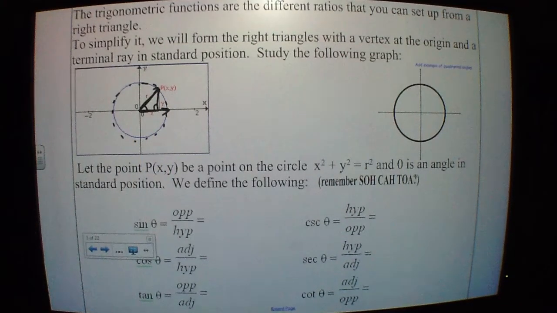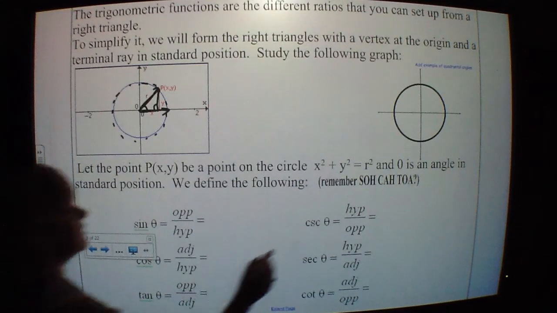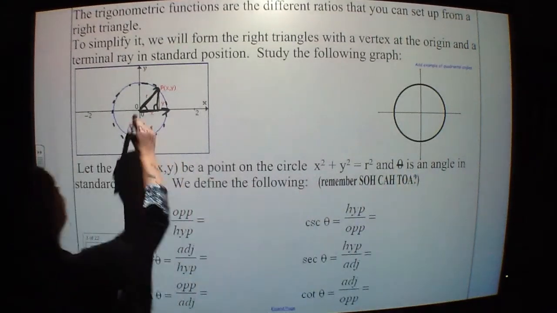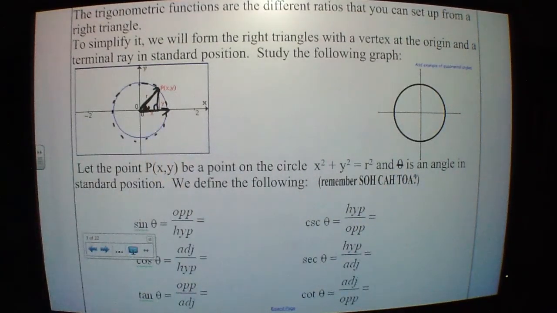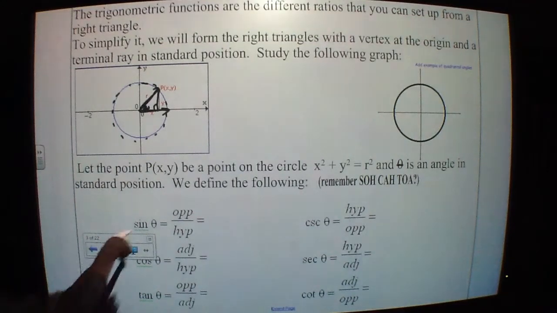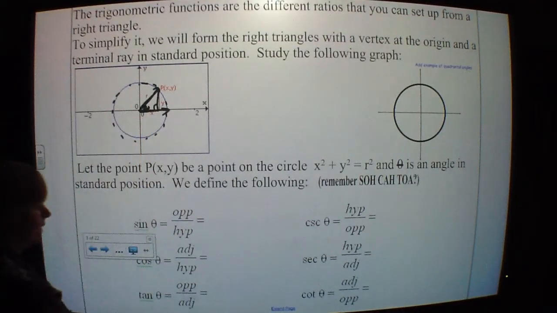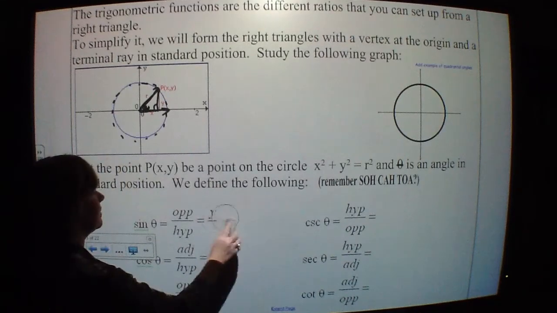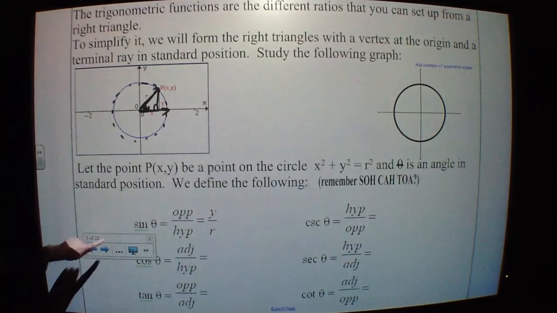So we have some point (x, y) on the unit circle. And you know that x squared plus y squared equals r squared. And theta, this angle right here, is an angle in standard position. So we can define sine, instead of opposite over hypotenuse, as y over r.